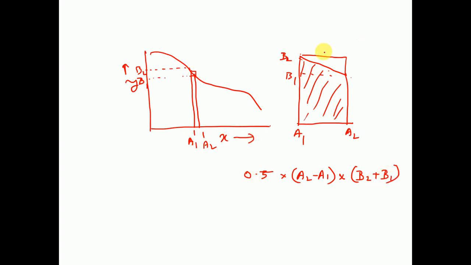Else we can calculate the whole area and deduct the area of this part also. It will give you the same equation. This equation we can use to calculate the area under the peak.